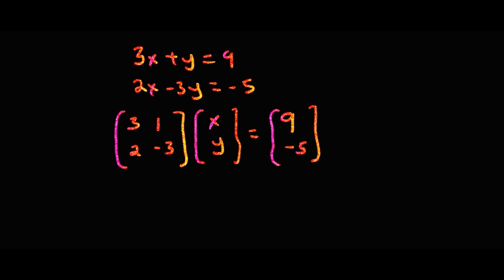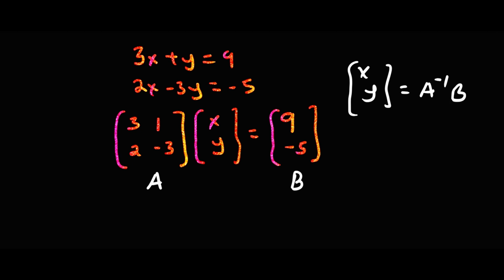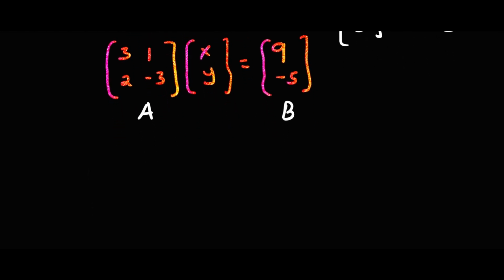So as we said, for you to get the value of x, y, the unknown matrix, you're just going to take the inverse of the coefficient matrix, the one we label as A, times the result. So we're going to take the inverse of A times B. So let us go ahead and do that.